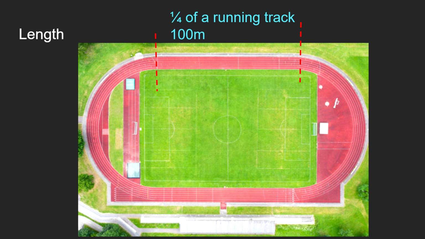So around this straight line section, which is easier to visualize as compared to the curve section, that is around 100 meters, which is quite long. It's actually more than 50 humans lying down in a straight line.